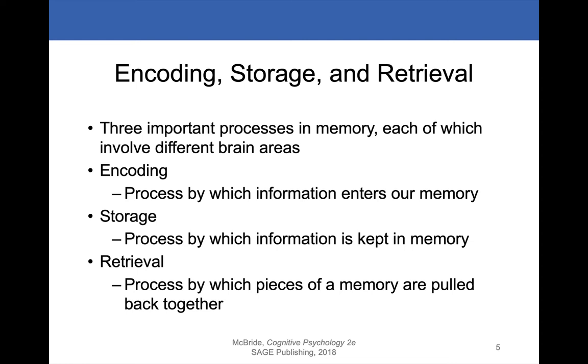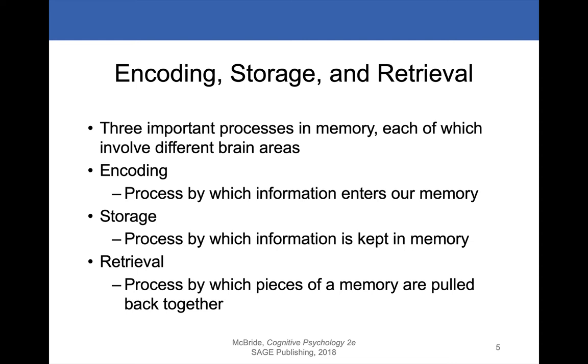For example, there's encoding. Encoding is the process by which information comes into our memory. So whatever type of memory you're talking about, whether it's short-term memory, long-term memory, sensory memory, whatever, there's a process for encoding, for turning that information into a representation in our memory.